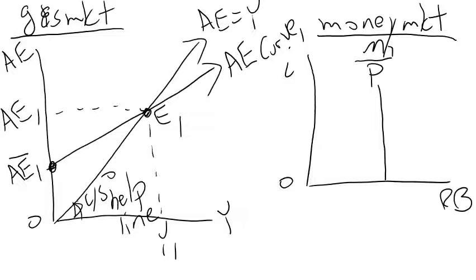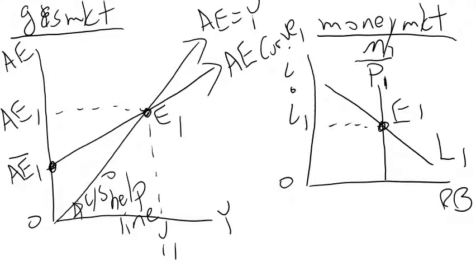All right? And of course, money demand, L1. Equilibrium or initial equilibrium, equilibrium interest rate, equilibrium level of real balances, and now let me choose an event.